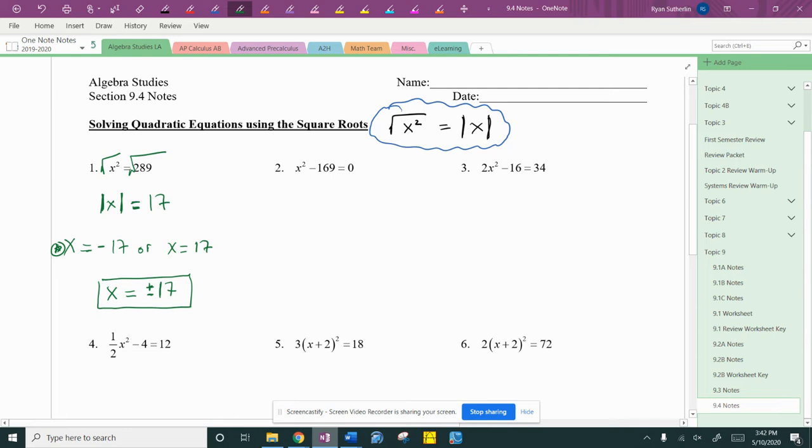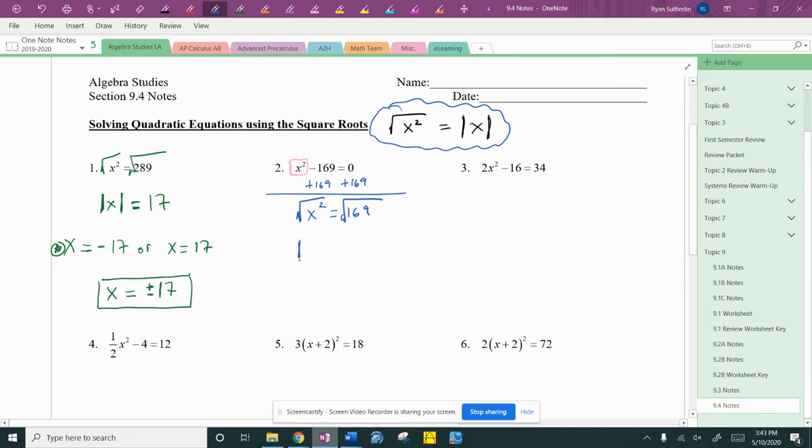So problem number 2, the x squared, whatever it is that is squared, which is right here, is not by itself. So the first thing I want to do is get that by itself. So I add 169 to both sides. That means I have x squared equals 169. Now that I have that thing that's squared by itself, I can take the square root of both sides.